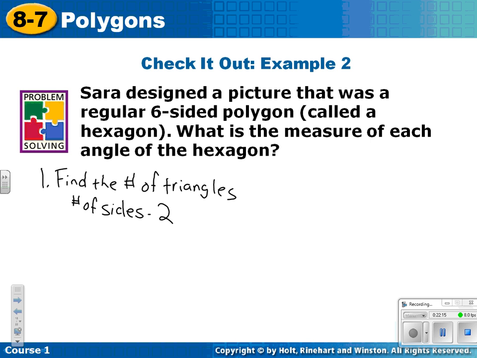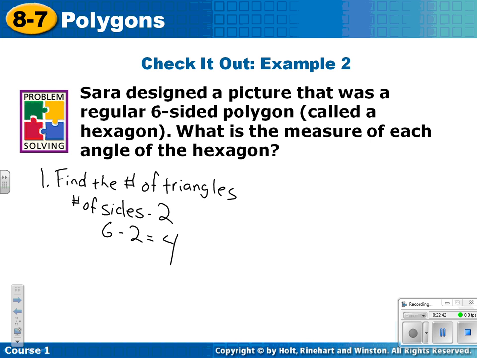What is the number of sides that we have? 6 minus 2 is 4. So the number of triangles that we're going to have is 4. I hope that you don't have a question with this later. If you're choosing not to write any of this down, I hope you don't have a question later.